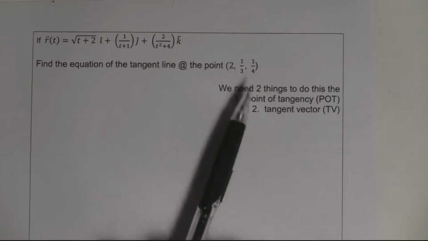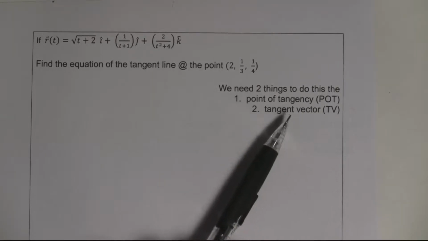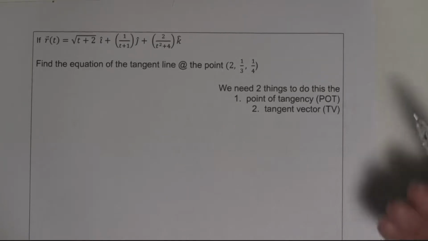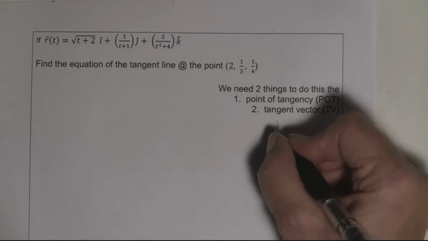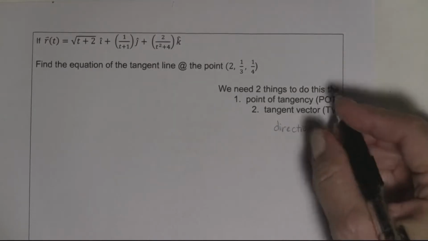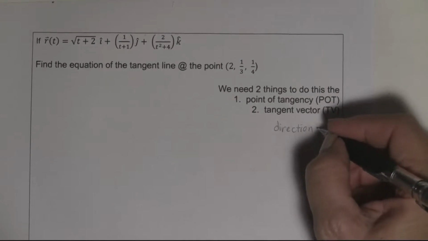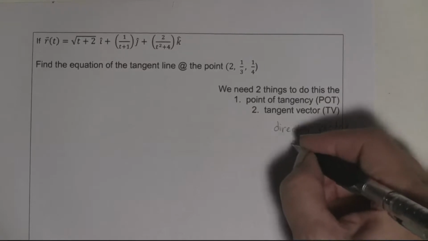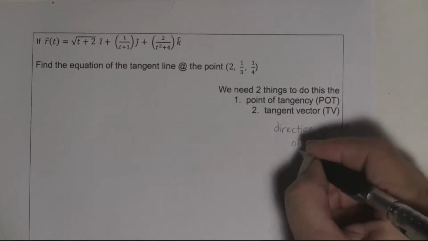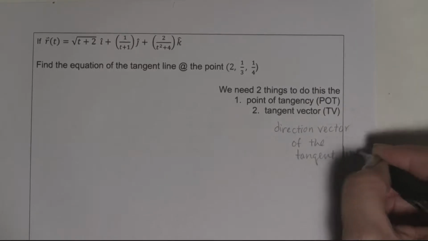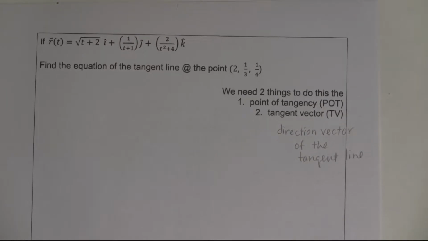Then you need the tangent vector, and you can call it the direction vector of the tangent line if you want, because what do I need in order to find the equation of a line? I need a direction vector, and this is the direction vector of the tangent line.